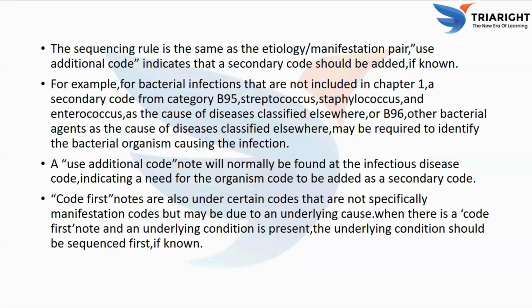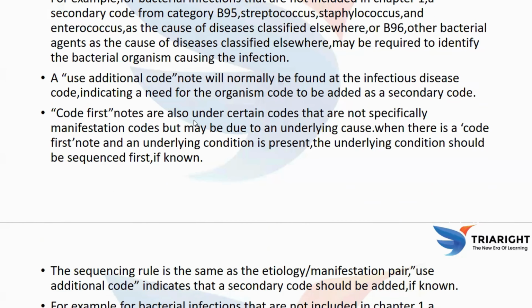For example, when you take diabetic retinopathy, code diabetes first, then retinopathy because it's an eye complication affected by the diabetes. So you have to assign two codes, E11.3 and H36.0. So this is about the use additional code and code first note.